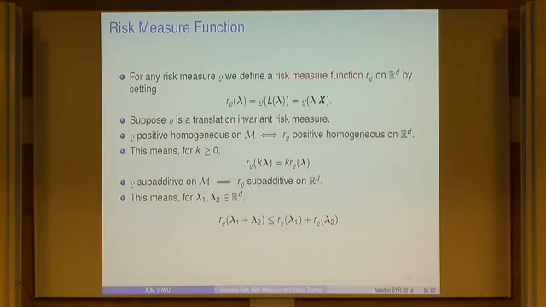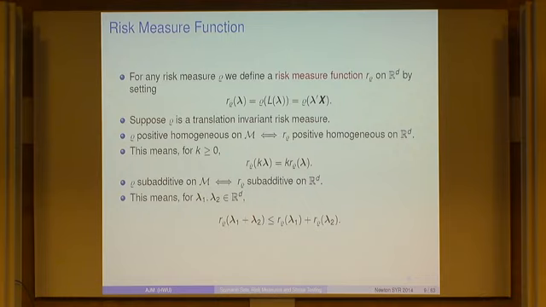All my risk measures will be translation invariant. So suppose rho is translation invariant, and the positive homogeneity property for the risk measure will be equivalent to positive homogeneity of the risk measure function on R^d. By that I mean that for positive constants, you have this property.